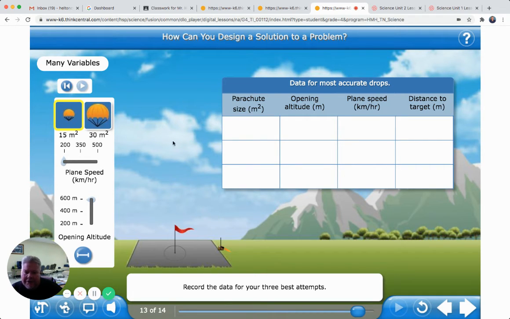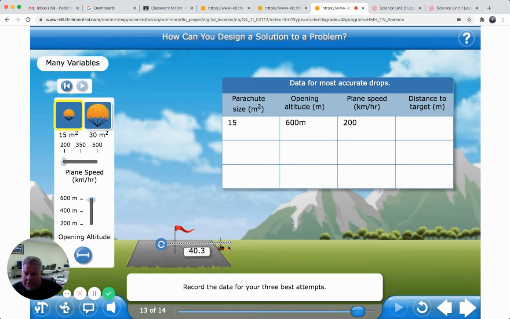Okay, so a parachute size of 15, and I can't do that meter squares. We're just going to put 15. Opening altitude, we had it at 600 meters. Plane speed was 200. The distance, we didn't measure that yet, did we?